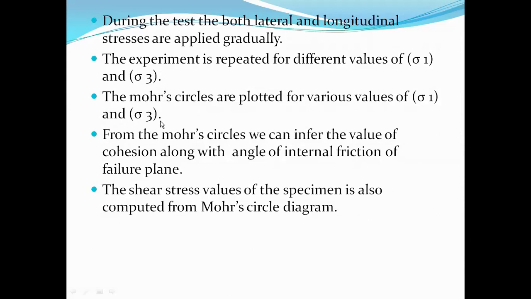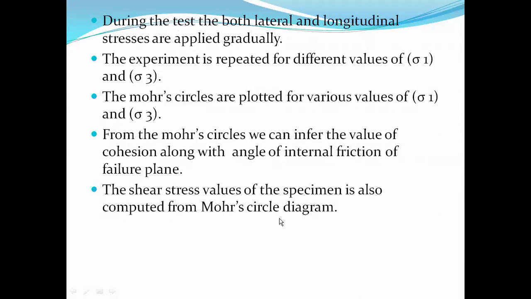So we can plot the Mohr circles now. From the Mohr circle, we can infer the value of cohesion along with the angle of internal friction of the failure plane. That is, from the Mohr circle we get the cohesive force as well as the angle of internal friction acting along the failure plane, and the shear stress values of the specimen are also computed from the Mohr circle diagram.